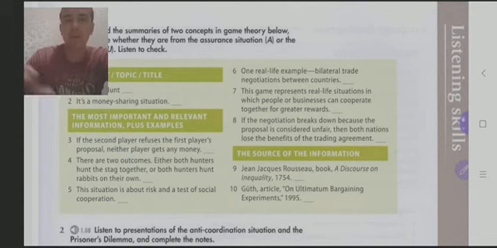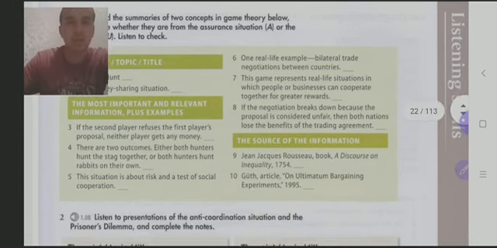Again, A or U. Then, this situation is about risk and the test of social cooperation. Again, is this A for assurance or U for ultimatum? One real-life example: bilateral trade negotiations between countries. Again, A or U.